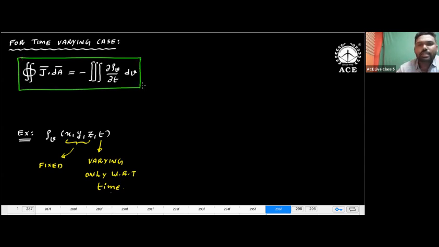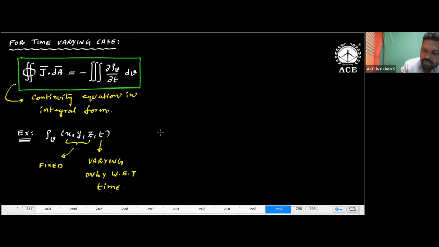So as you have noticed, the integrals on both sides, this is called continuity equation in integral form.